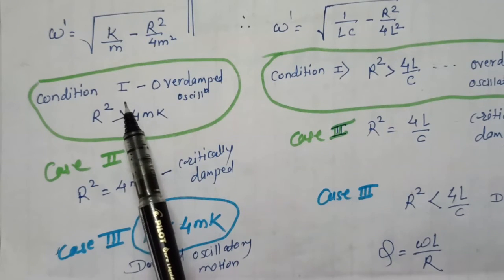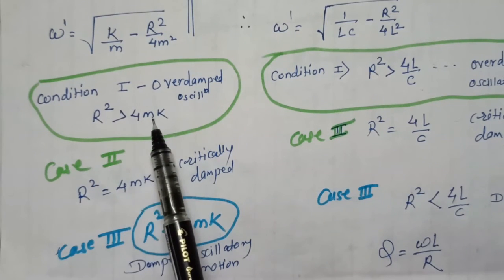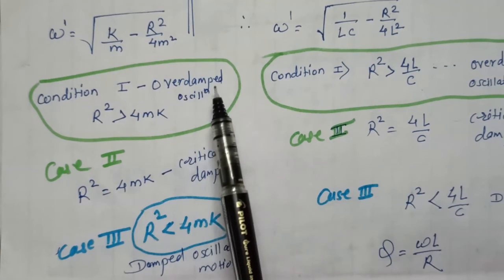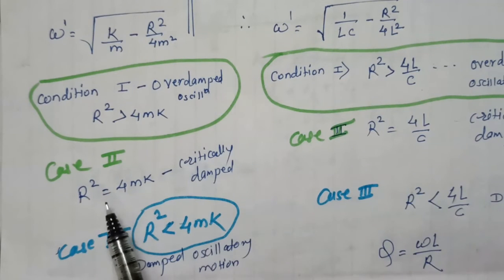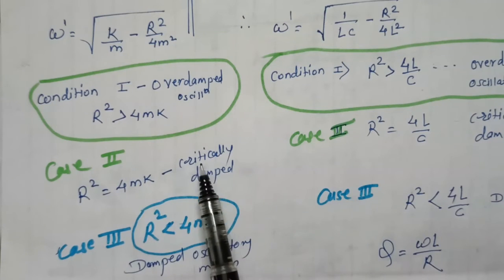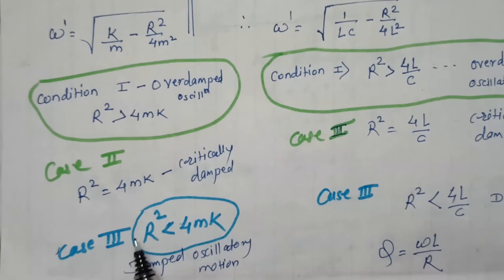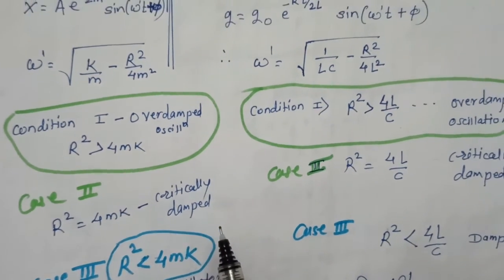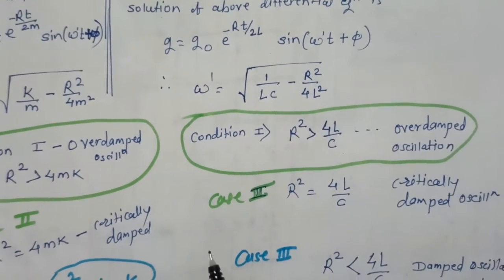For the first condition, r square greater than 4mk, there is overdamped oscillation. In case second, r square is equal to 4mk, that is called critically damped oscillation. In case third, r square less than 4mk, there is damped oscillatory motion. Now in the electrical circuit, there are also 3 cases.